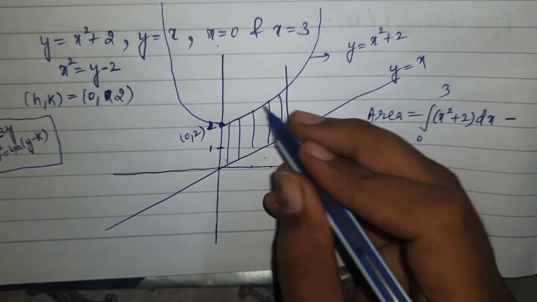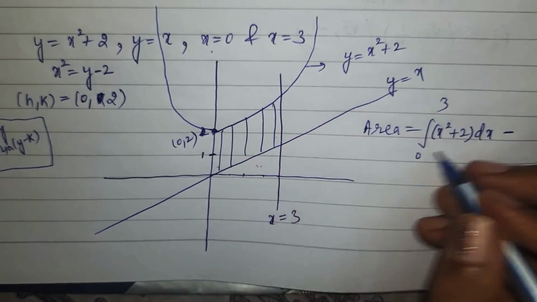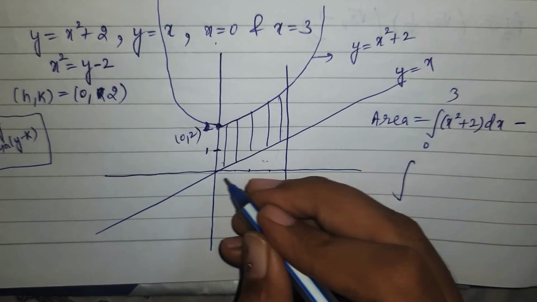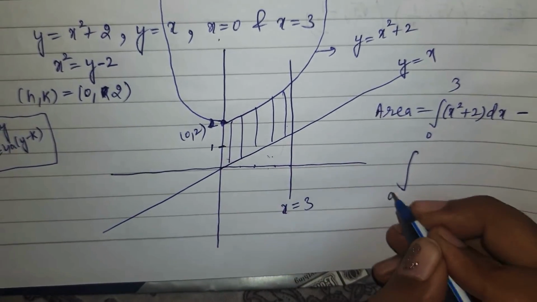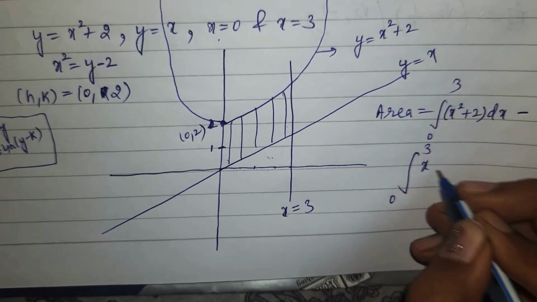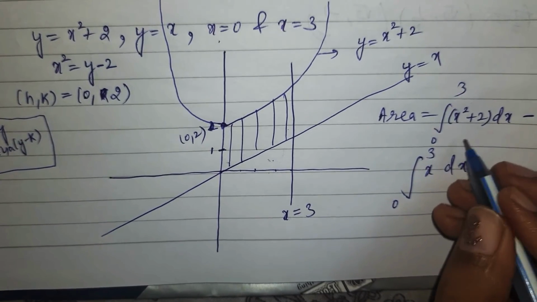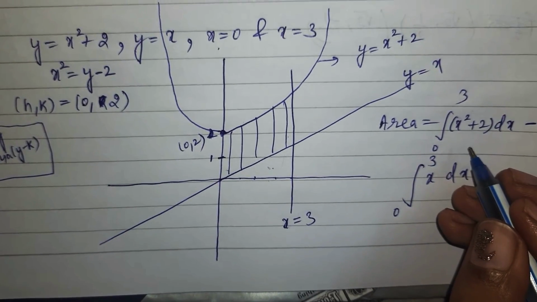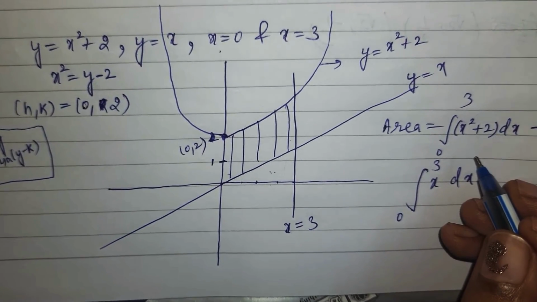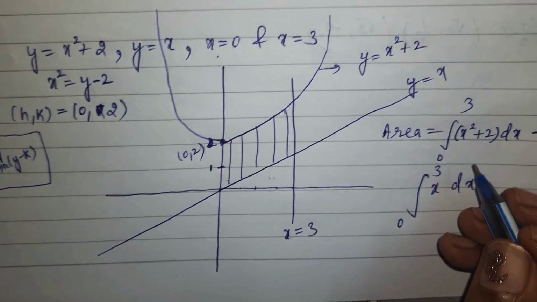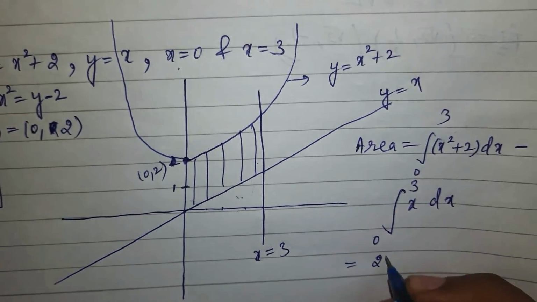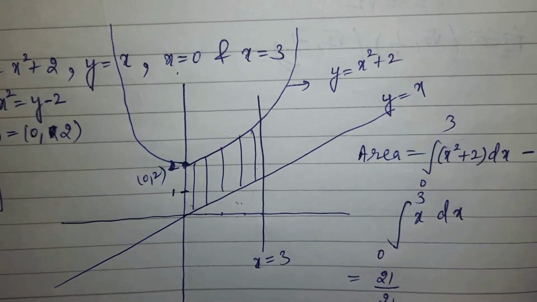If I subtract, I will get this shaded portion. So the limit will again be 0 to 3, and the function is x dx. Now you can integrate yourself, this is a simple integration you need to attempt. Your final answer after solving will be 21 by 2 square units.